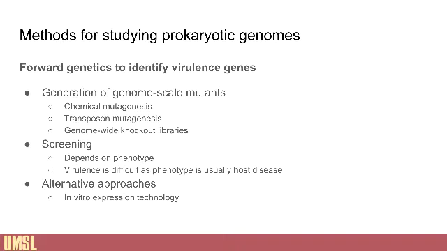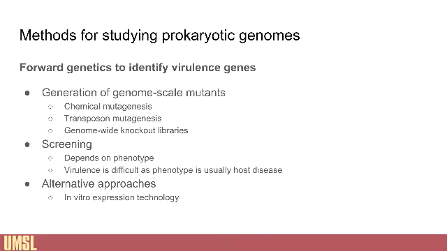Traditional methods would include chemical mutagenesis. If you think back to any course in genetics, you would have talked about looking for metabolic pathway mutants in a filamentous fungus.